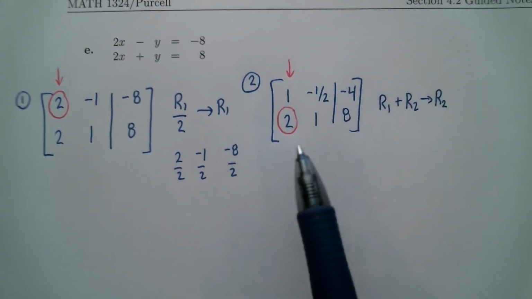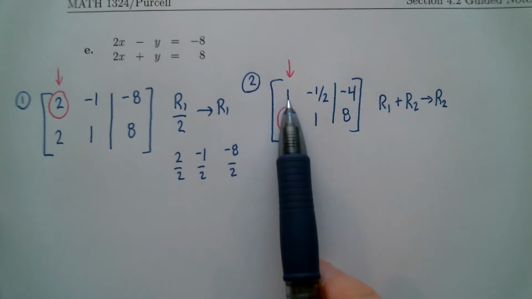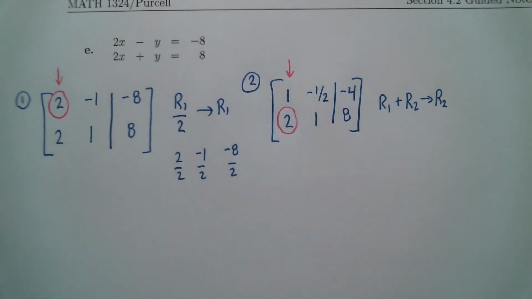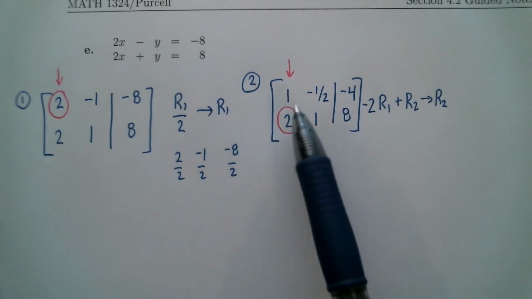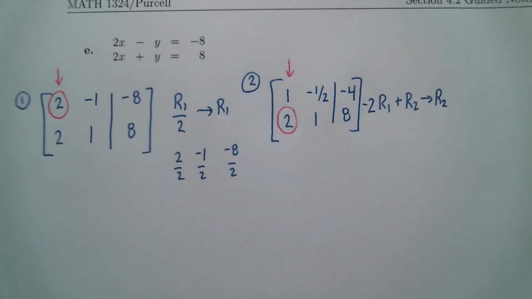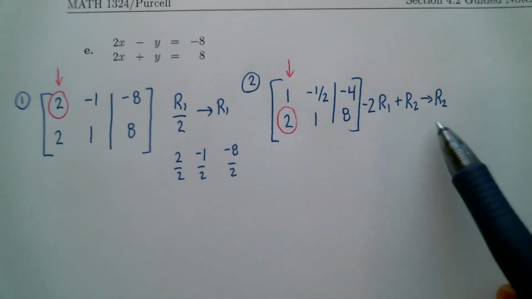Use the 1 that you just got here to do that. You want to get rid of this 2, so what would cancel that out is a negative 2. So we're going to take row 1, multiply it by negative 2, that will put a negative 2 right here. So when you add it back to positive 2, you will get your 0. So this is the row operation you need.